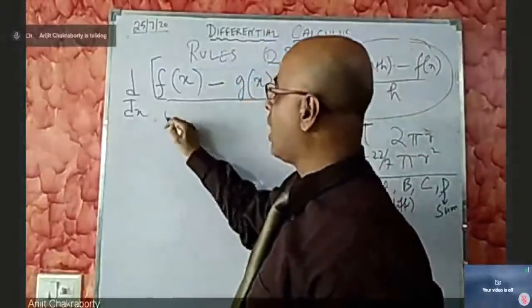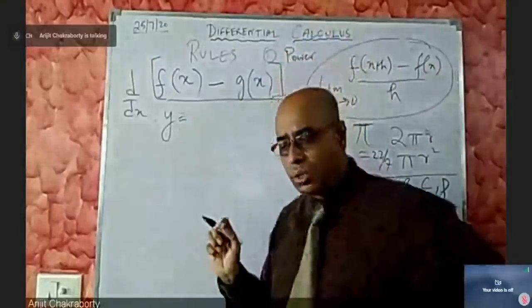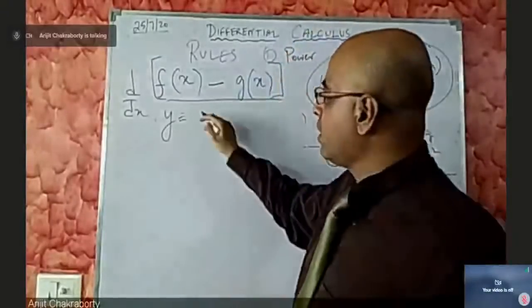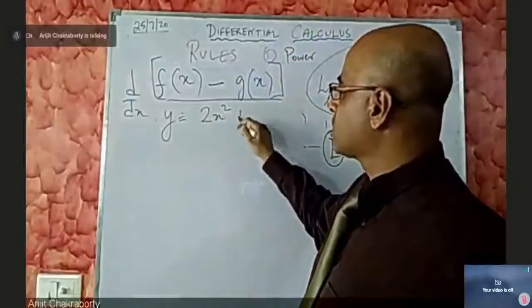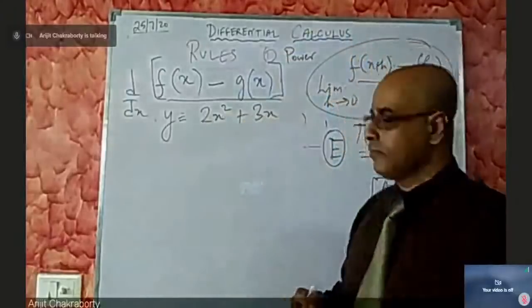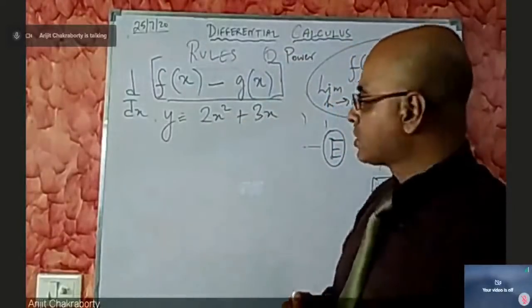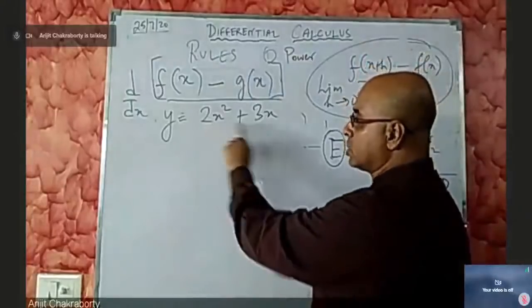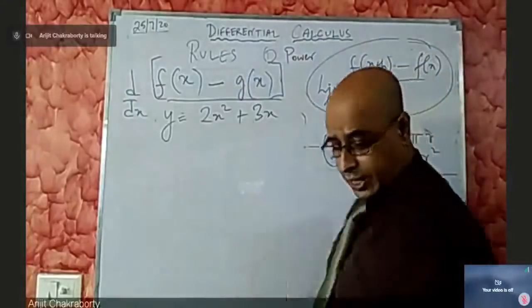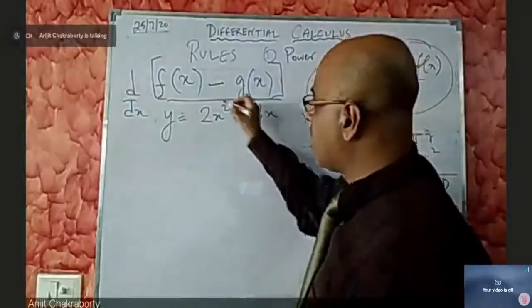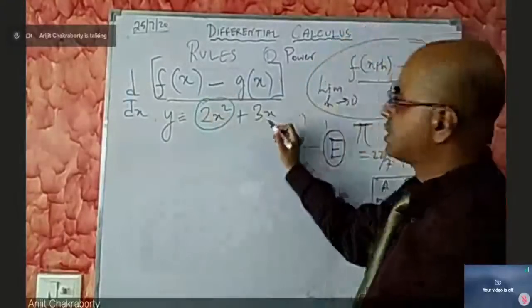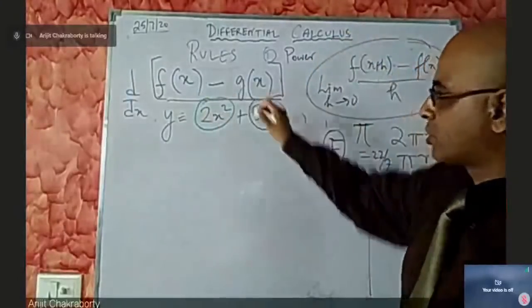If y is equal to 2x squared plus 3x, please note two separate functions. 2x squared is one particular function and 3x is another function.